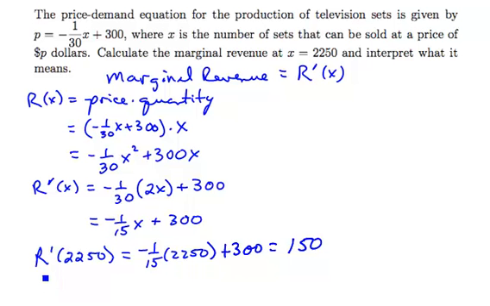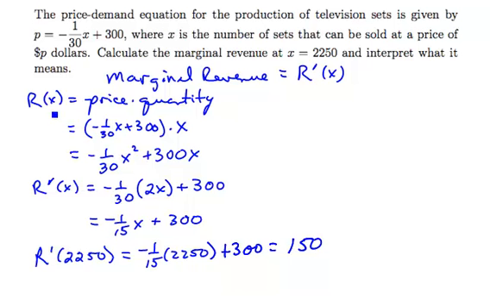In this case, the units on the revenue function is dollars, and the units on the X value is TV sets. So this 150 has units of dollars per TV. So I'll put the dollar symbol right there, divided by TV. All right. So the revenue function is changing at $150 per TV when 2,250 TVs are being sold.